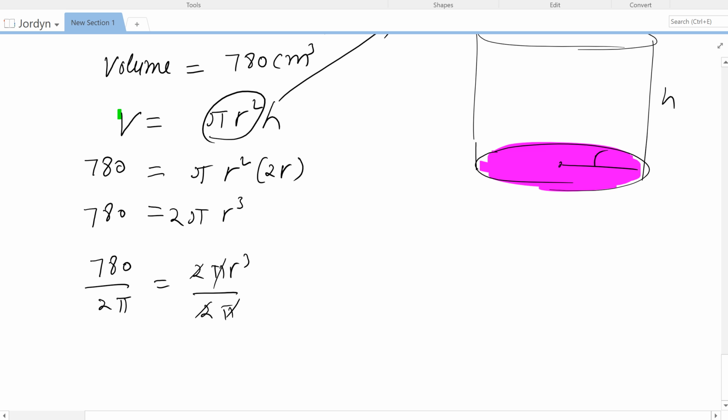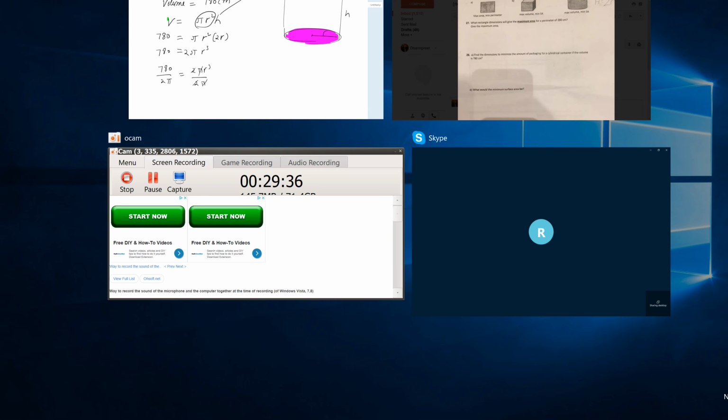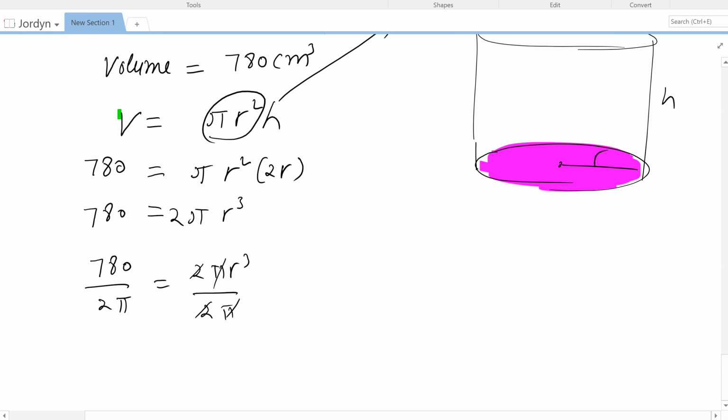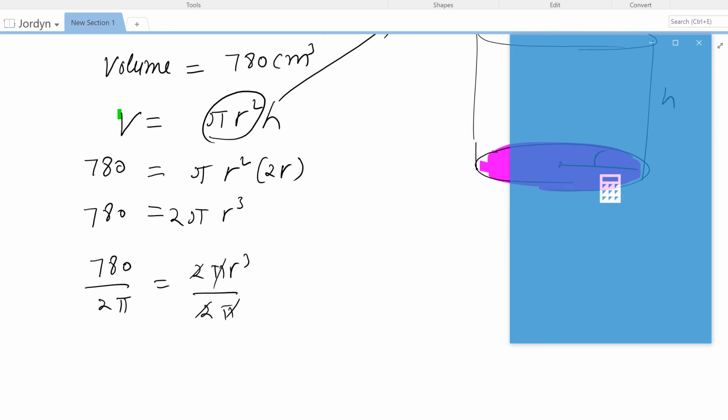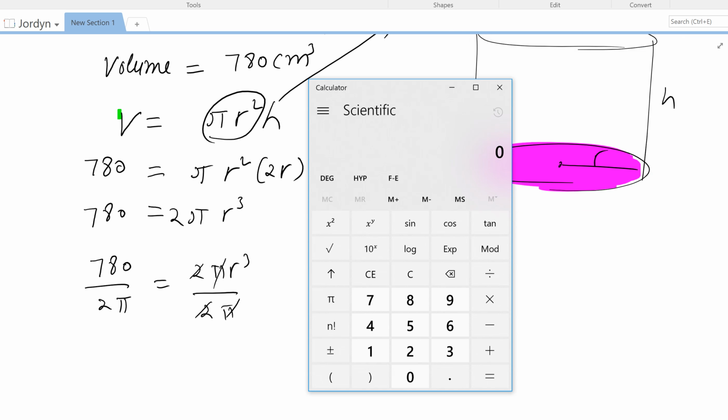And we got 780 divided by 2 pi. So let me use the calculator. We do 780 divided by 2, and then we divide it by pi, 3.14.